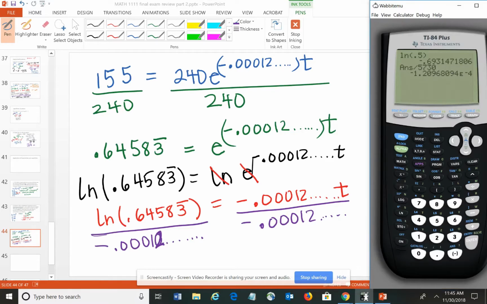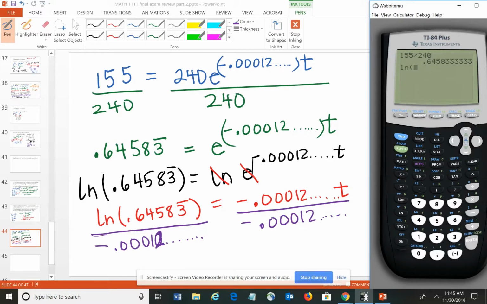So I'm going back to my calculator for a minute, and I'm going to save some things in my calculator as I go. So we had 155 divided by 240. There's the natural log of this 0.64583. Before I do that, though, let me go back and get the half-life rate of decay again.